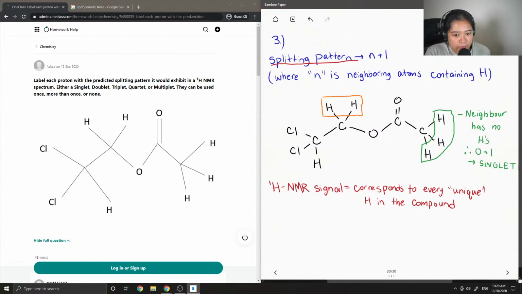So this neighbor contains 1 hydrogen. So using the splitting pattern rule, it's going to be 1 plus 1, which is equal to 2. So these split as a doublet.